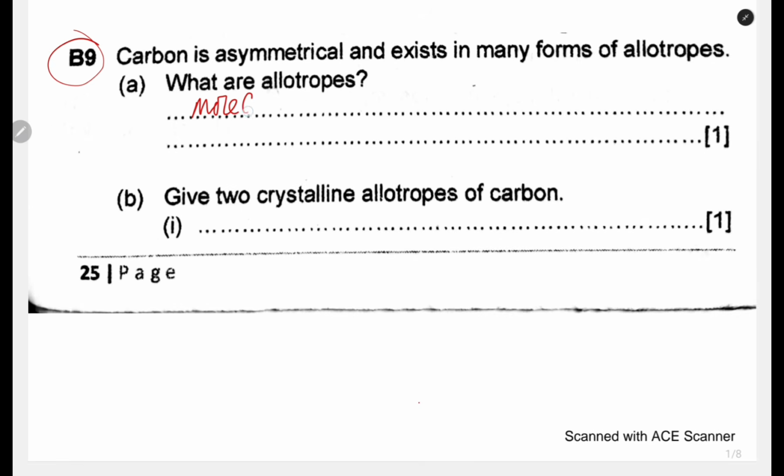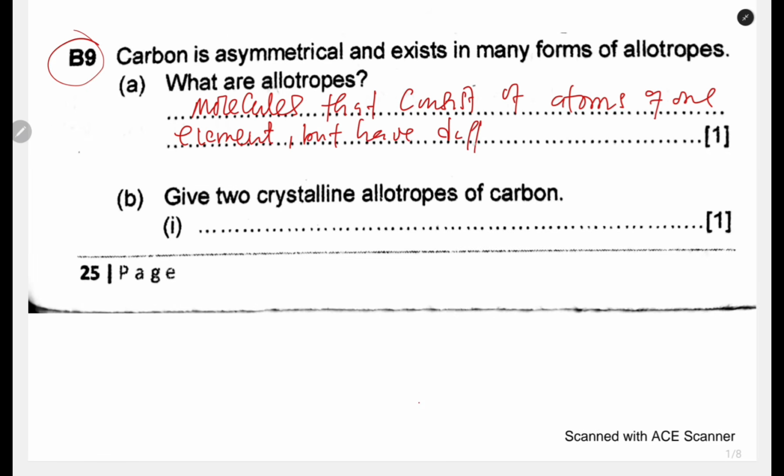So you can say allotropes are molecules that consist of atoms of one element, but have different structures and geometrical shapes.